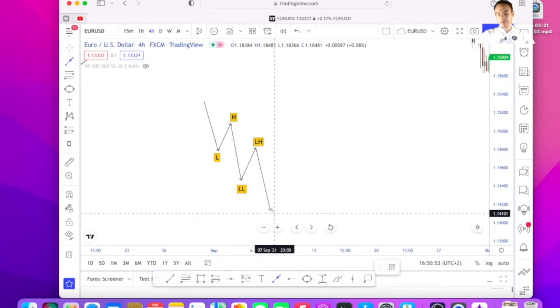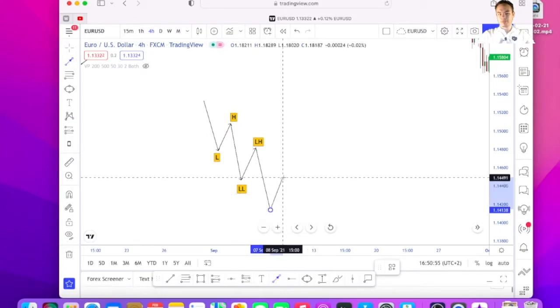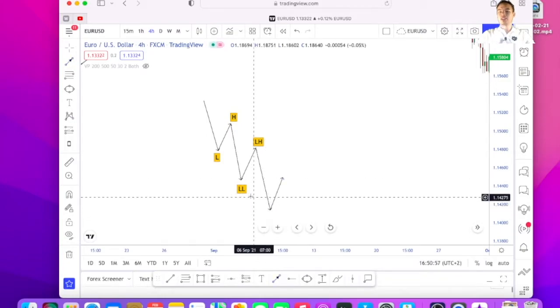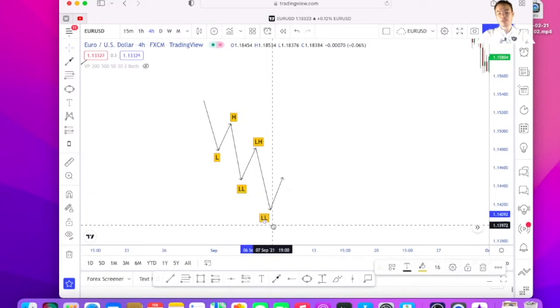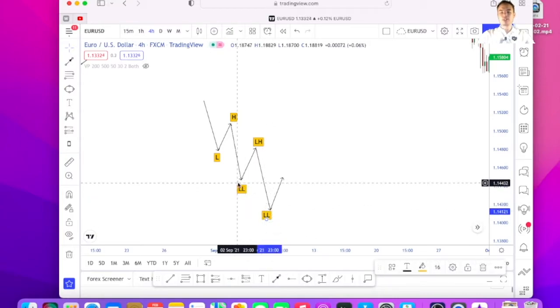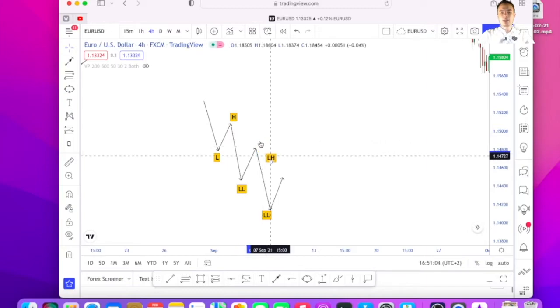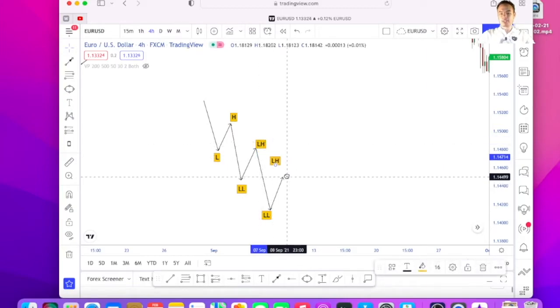We'll make another pivot point. This is a new low, because this current low is lower than the previous low. Same, and that's how it goes. This is a lower high. So this is a downtrend.